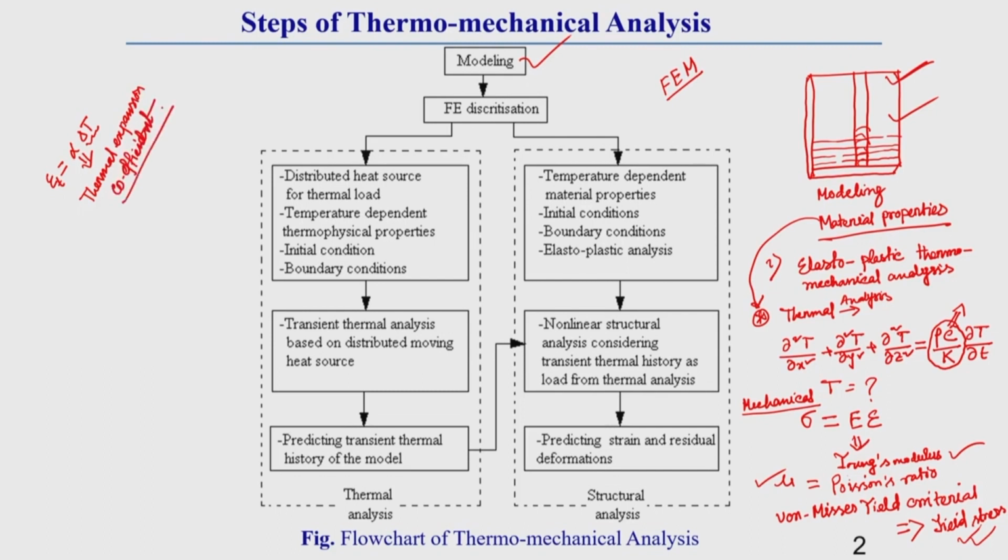So, what are the material properties required? In case of thermal analysis, rho, C, K, whereas in mechanical analysis it is Young's modulus, Poisson's ratio, then yield property, and another important property is the thermal expansion coefficient alpha. You should keep this in mind.